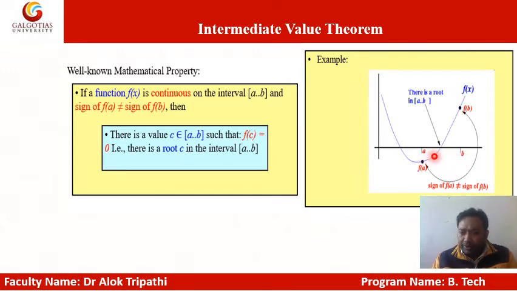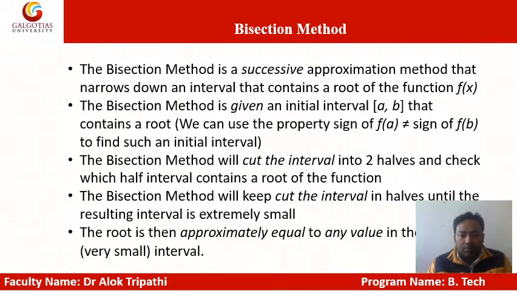So from f(a) to f(b) all values will be included, and when we move from under the x-axis towards above the x-axis, then the graph of the function must cut the x-axis. So this point will be called a root of the equation f(x) equals to 0, or you can say root of the function f(x). This is the intermediate value property. Now I will tell you what is bisection method and why do we need this.